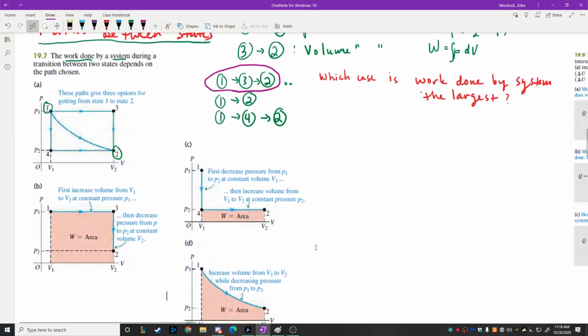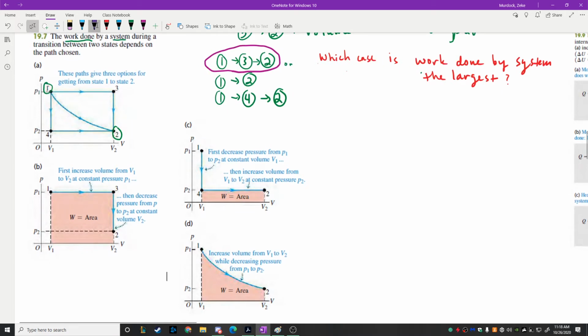Okay. So what we can take out of this in general is that the work done by the system, which in this case would be like a gas, depends not just on the endpoints, but also on the intermediate points.